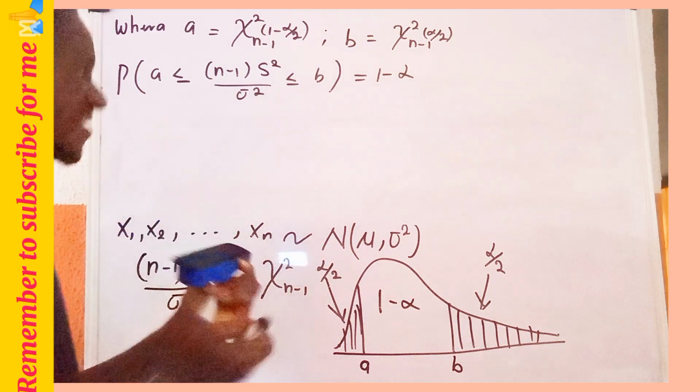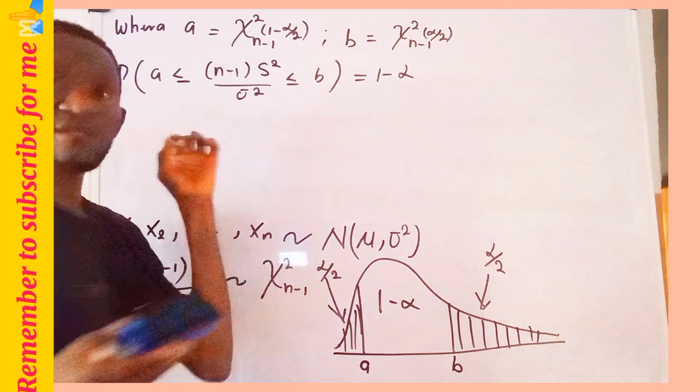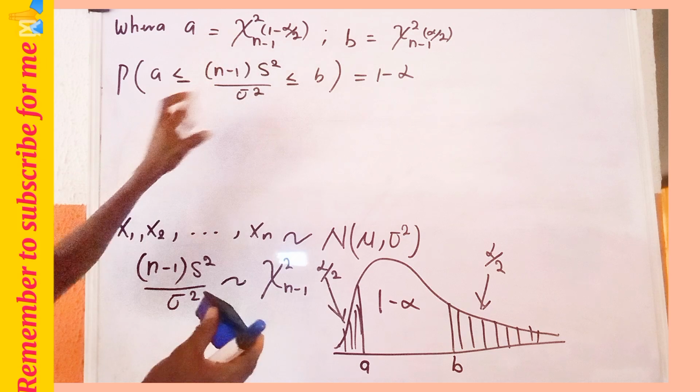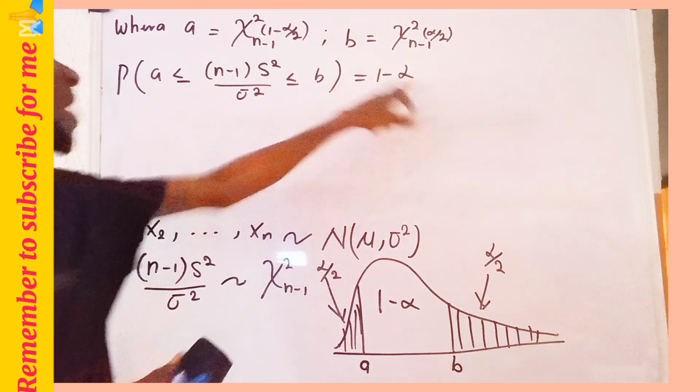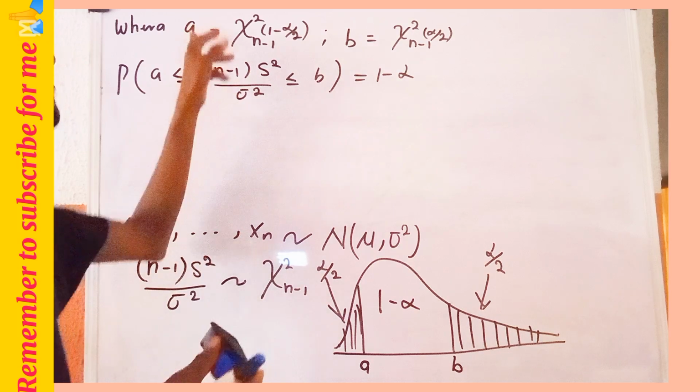That is to say that the probability that this quantity lies between A and B is 1 minus alpha, where A and B are as defined earlier.